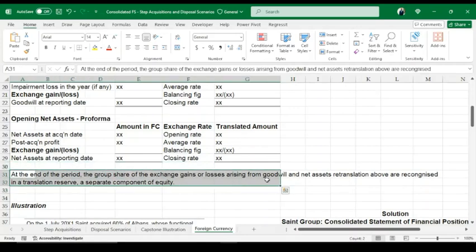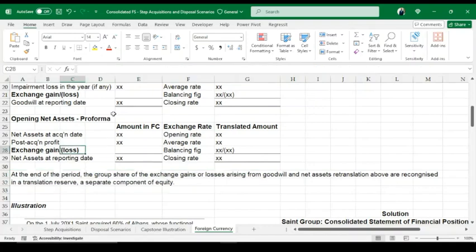What we are saying is that the parent's share of these exchange gains or losses are going to be recognized in a translation reserve as part of our equity in the consolidated financial statements. All right, so that is what we do.